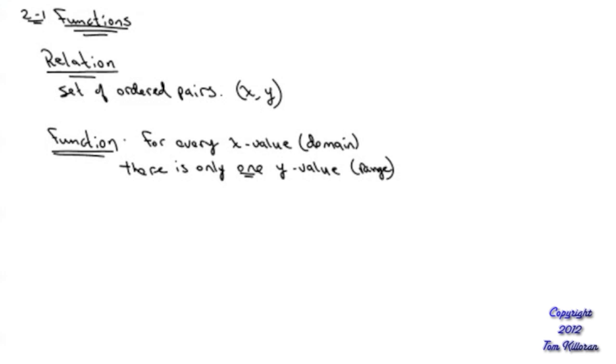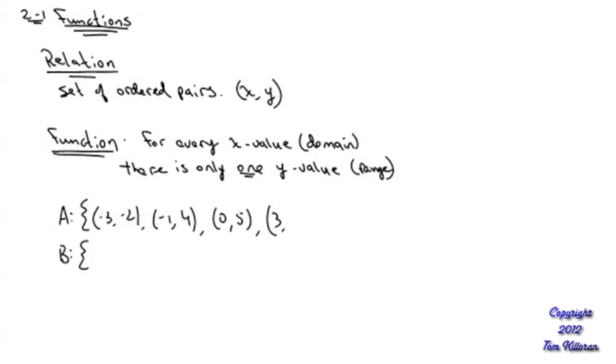So let me give you two sets of relations, an A set and a B set. Let A be (-3, -2), (-1, 4), (0, 5), (3, 2), (-1, 7). We'll get to that other weird definition in a second. It's actually the easier of the two.